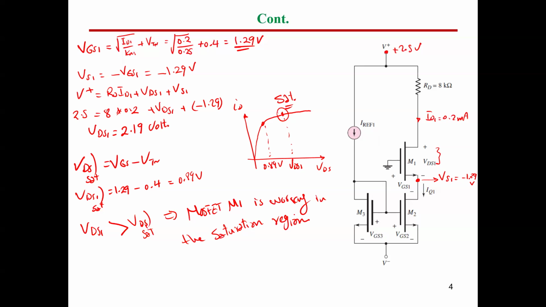Okay, guys. So from this example, we got that if you make a load MOSFET connected to the same gate and source of another MOSFET, 100% the other MOSFET will have the same drain current. For that, this is called reference current.